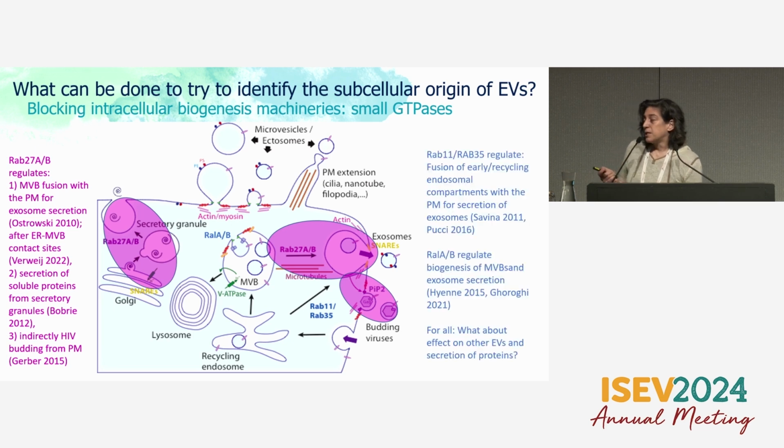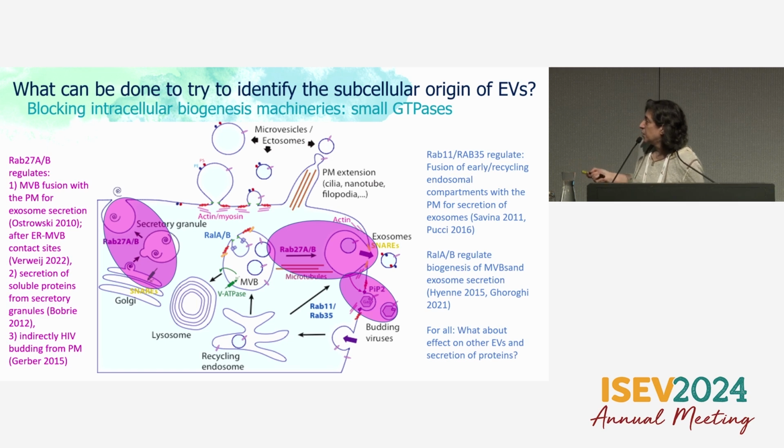So it's probably the same kind of issues that can happen in the other studies where people have used blocking RAB11 or RAB35, which are RABs mostly associated to recycling or early endosomes, to block secretion of EVs, or RAL-A or B that is mostly involved apparently in regulation of biogenesis of MVBs, but maybe also in other things.